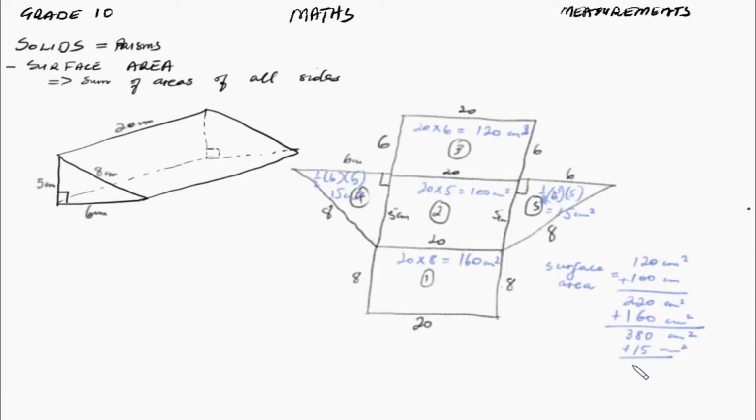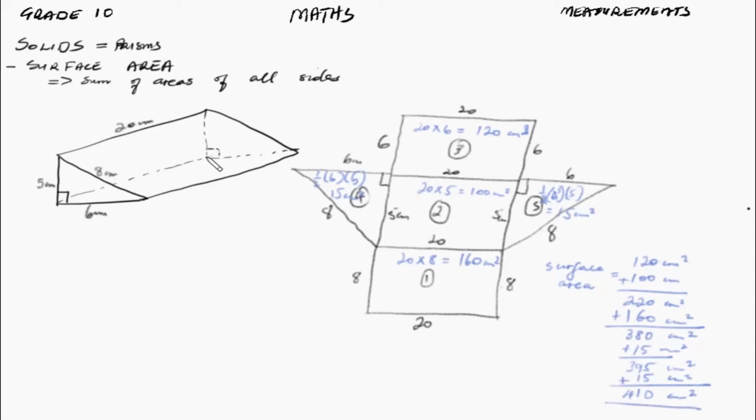What do we have? 395 centimeters squared. We are left with this other 15 here, plus 15 centimeters squared. So this would be our total surface area for this shape here.